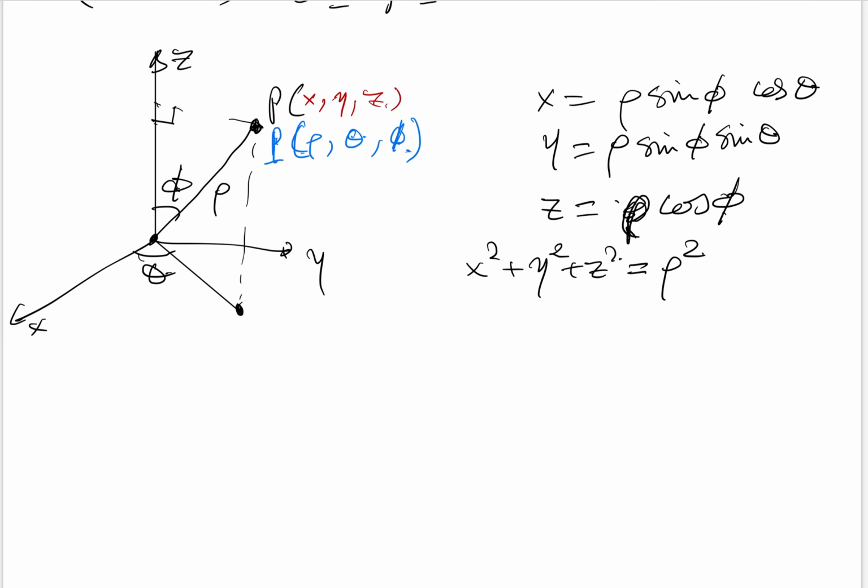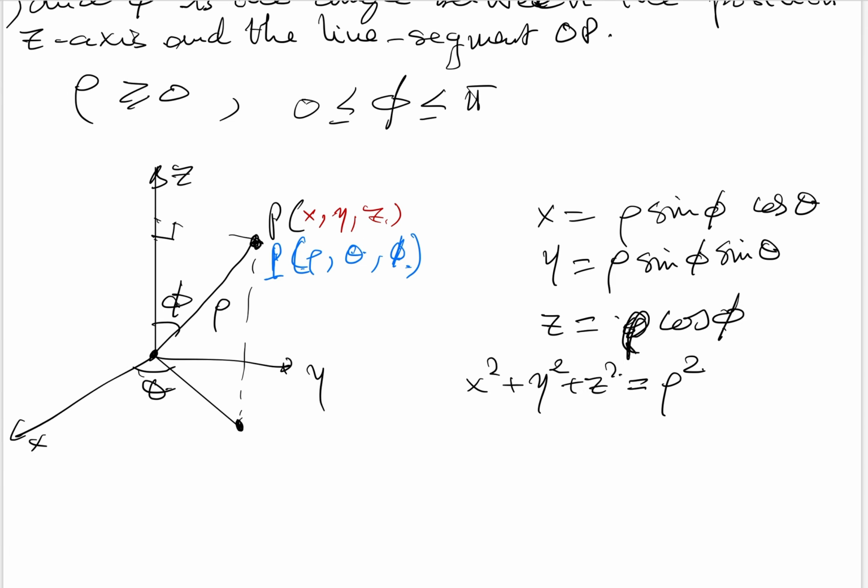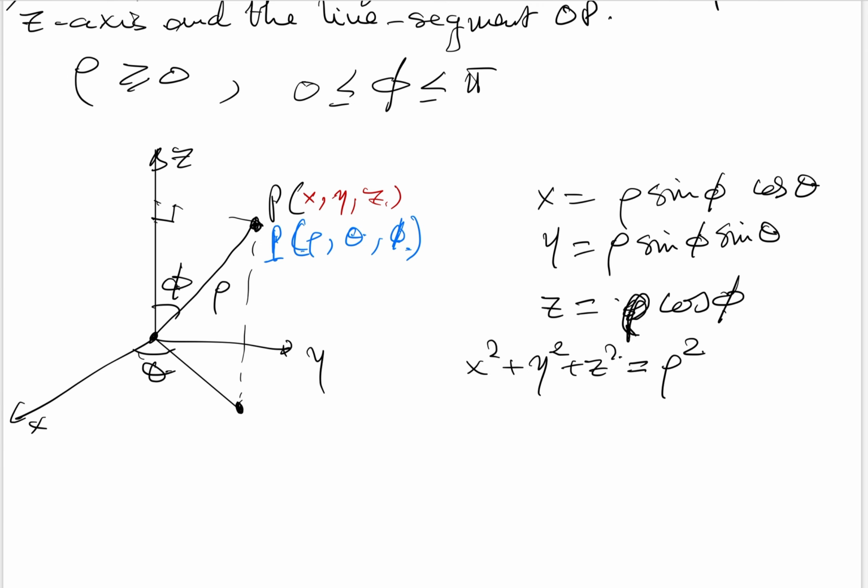You have two types of coordinates. Let's check the relationships between the Cartesian coordinates and spherical coordinates. The Cartesian coordinates are x, y, z, also called rectangular coordinates. The spherical coordinates are rho, phi, and theta.